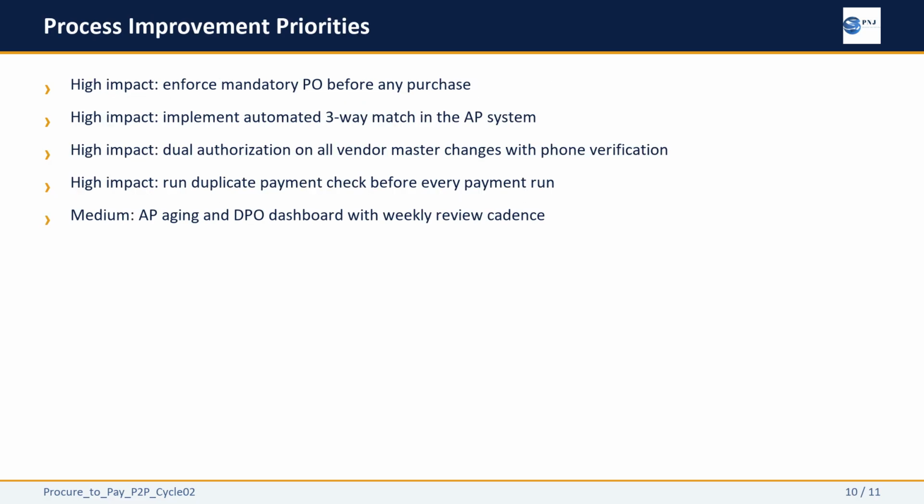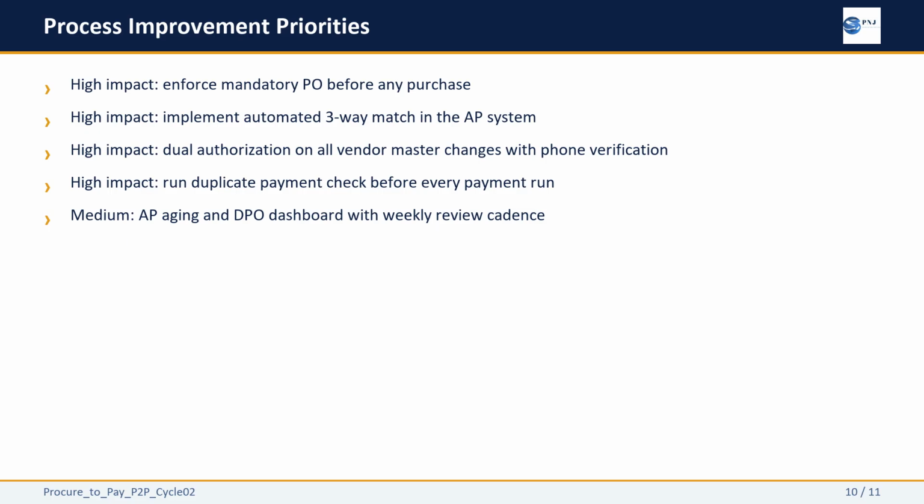When advising clients on strengthening P2P, not all improvements are equal. The 4 high-impact items address the highest-rated risks directly. Mandatory PO before any purchase eliminates maverick spend and unauthorized commitments at the source. Automated three-way match in the AP system replaces manual matching that is prone to override and error. Dual authorization with phone verification for vendor master changes blocks the most common fraud vectors.